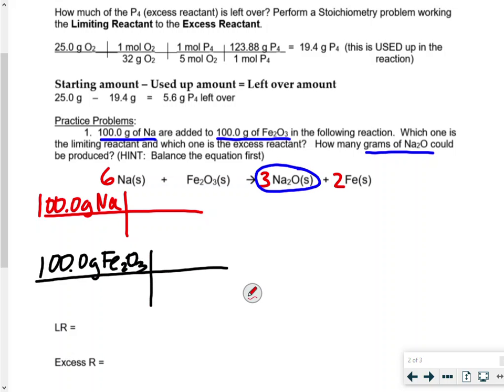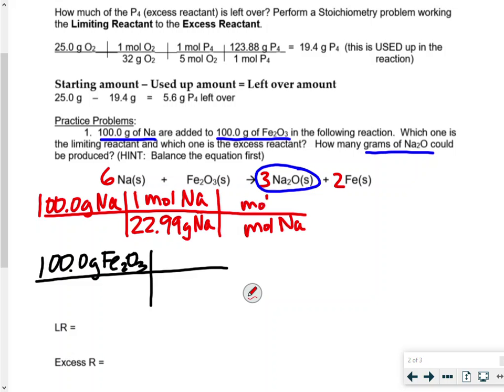That's why you need your periodic table out. So what's the molar mass of sodium? 22.99 grams of sodium give me 1 mole of sodium. Now I can do the mole ratio because I can do moles of sodium to moles of sodium oxide. Looking at our balanced equation, we have 3 moles of our sodium oxide and we have 6 moles of our sodium. Now we can solve that one.